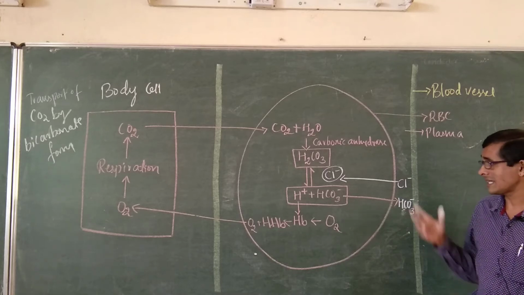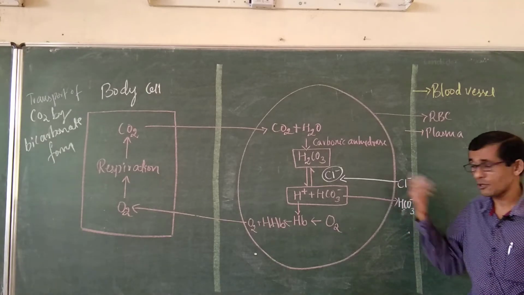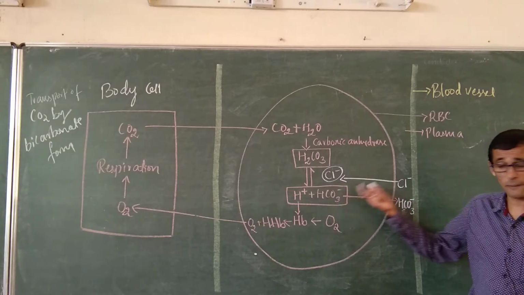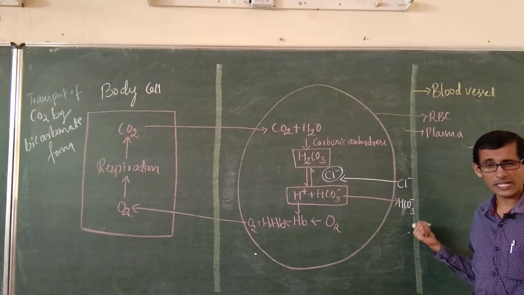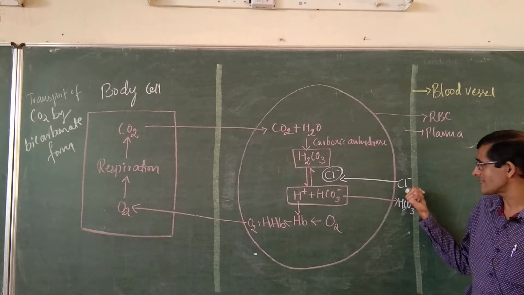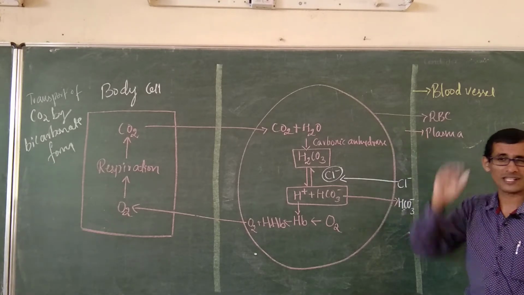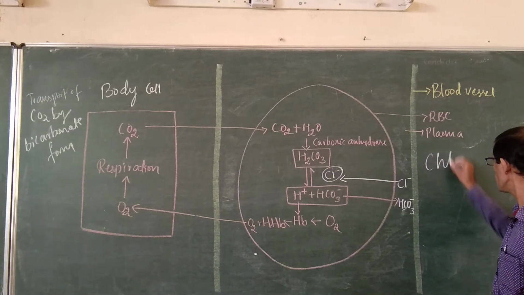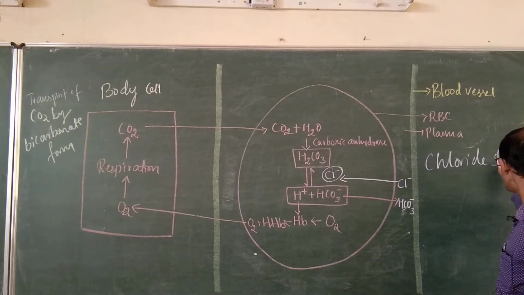To maintain the equilibrium between negatively charged particles, as many HCO3- ions come out, that many Cl- ions go from the plasma into the RBC. This is called the chloride shift mechanism.